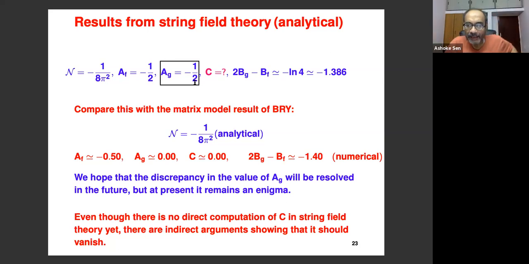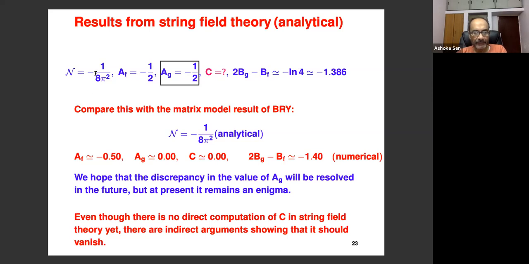But I'll show you the different pieces that contribute to AG, and we'll see that they are reasonably non-trivial, and at the end they all add up to give something that is independent of the parameters of string field theory. So at least it's not obviously wrong, but at present we don't know the origin of this discrepancy.